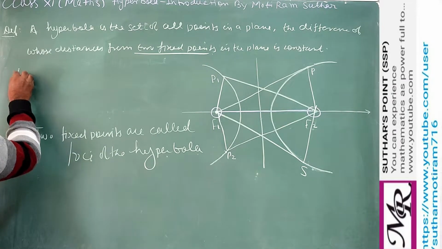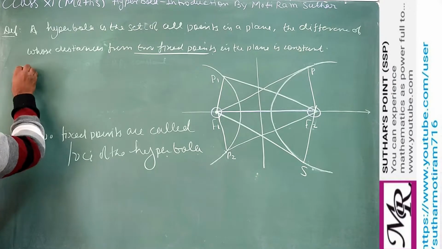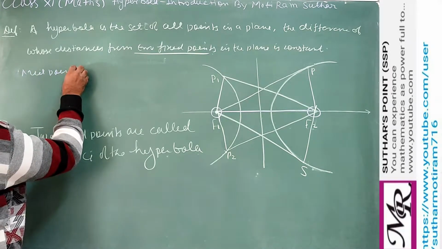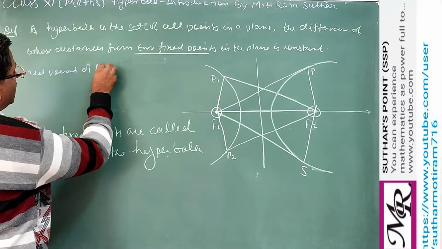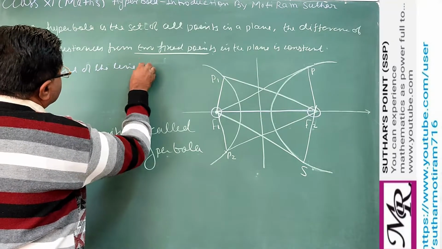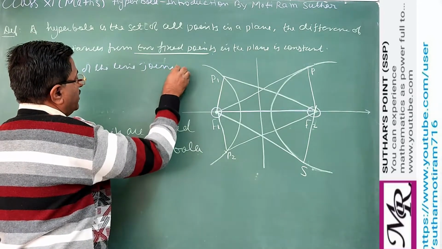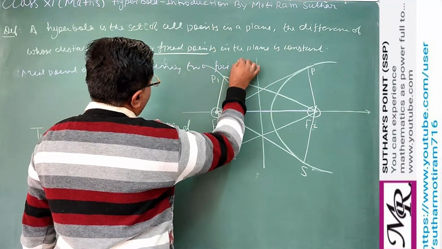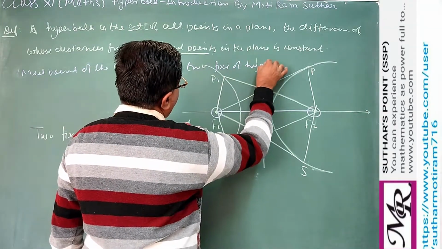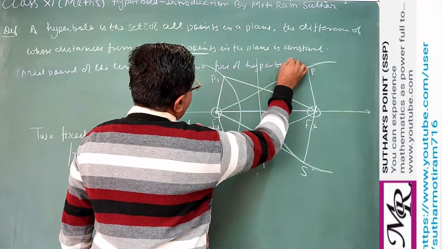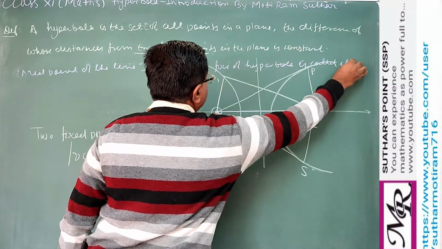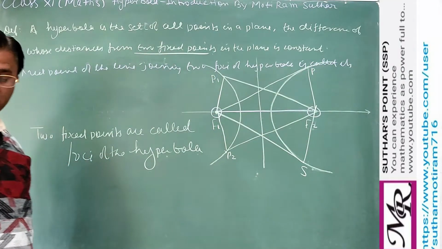So the midpoint of the line joining the two foci of a hyperbola is called its center.